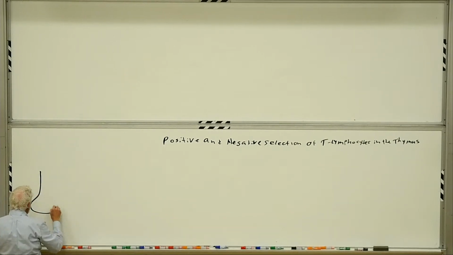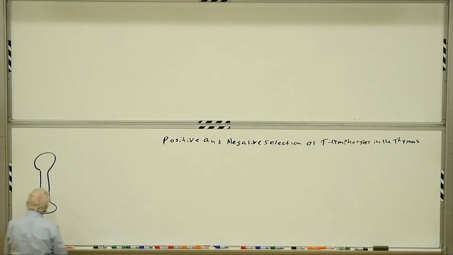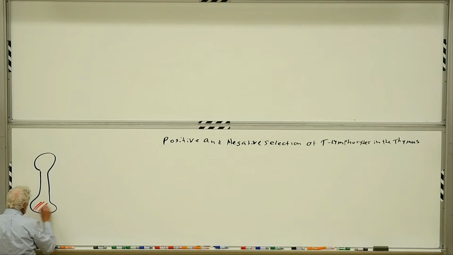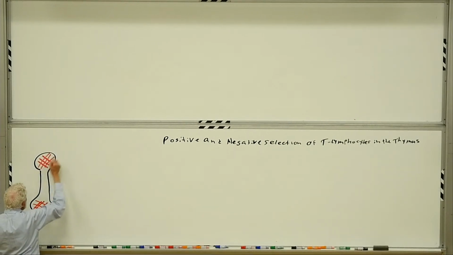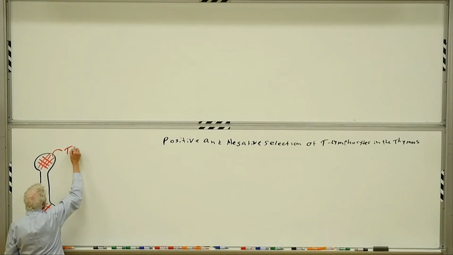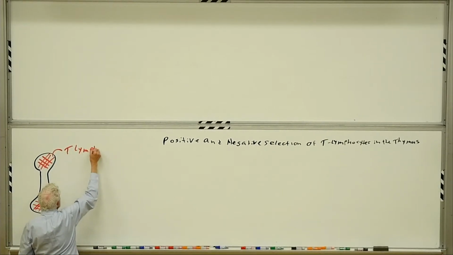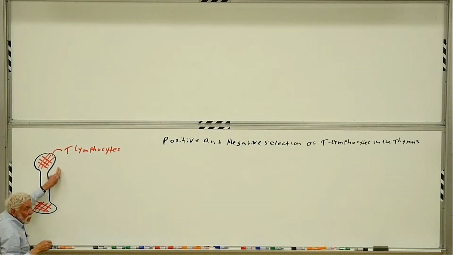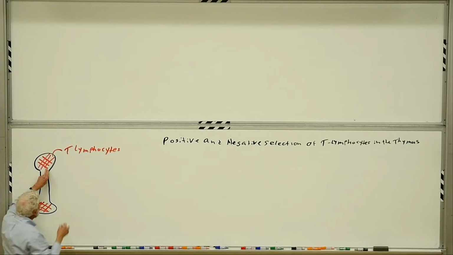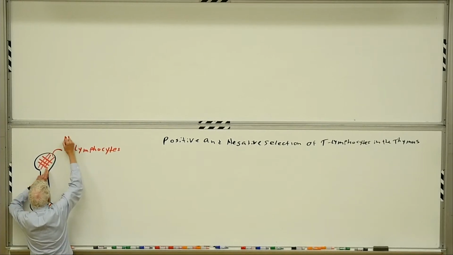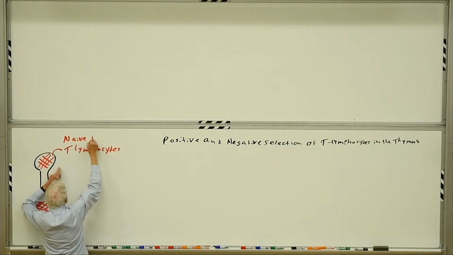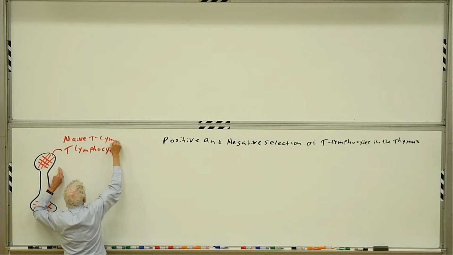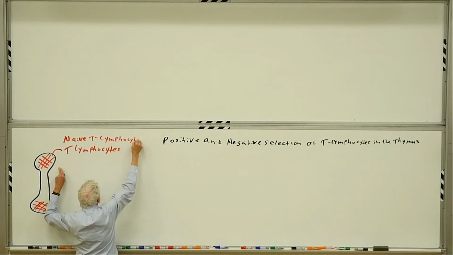in the red bone marrow, where we have hematopoietic stem cells. Among those hematopoietic stem cells will be the cells that produce T lymphocytes. Now, when these T lymphocytes leave the red bone marrow, they're said to be naive T lymphocytes.